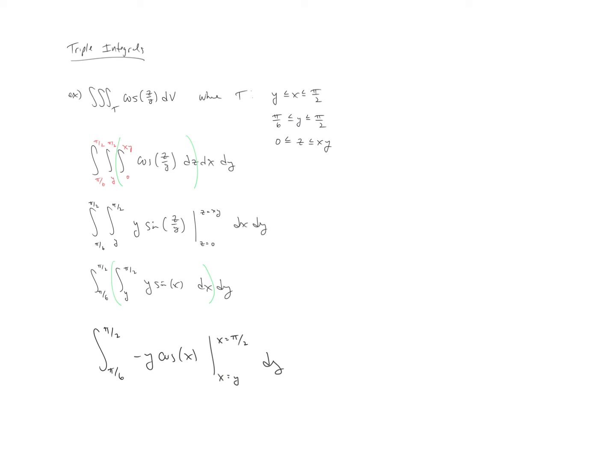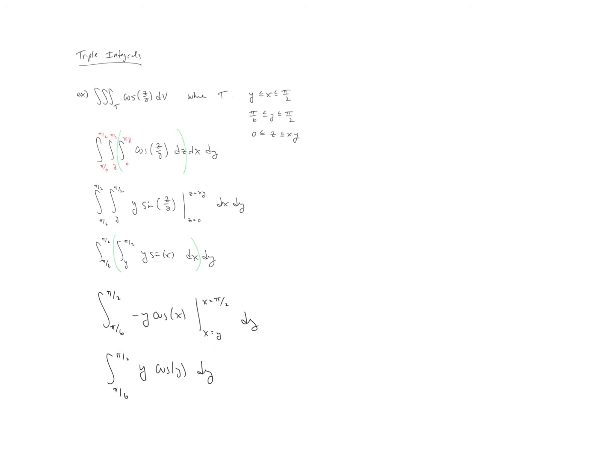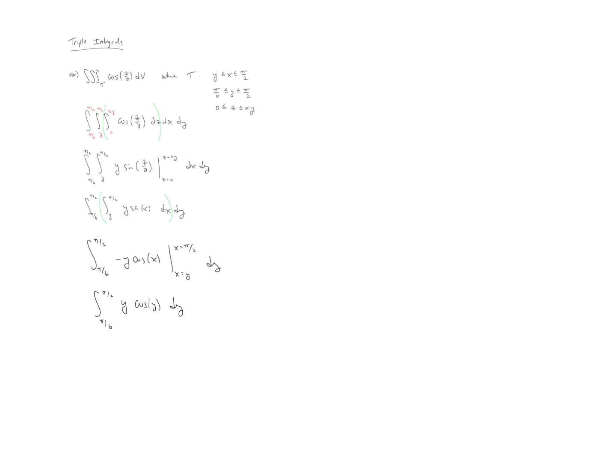So now, as I evaluate this, the pi over 2 being plugged in here for x is going to zero this guy out. Then we'll have minus, I'll plug that in. So the double negative goes away, creating just a y cosine y. So we have a y cosine y dy that's going to be left. And we have a pi over 6 and a pi over 2. So we continue on here.